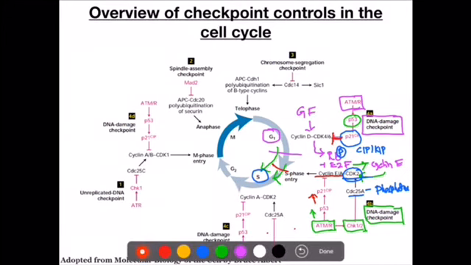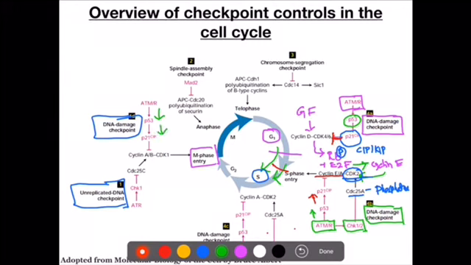The next checkpoint is at M phase entry, or between G2 and M phase, and this is also activated in response to unreplicated DNA and DNA damage. In response to DNA damage, P53 gets activated, and activated P53 synthesizes P21.